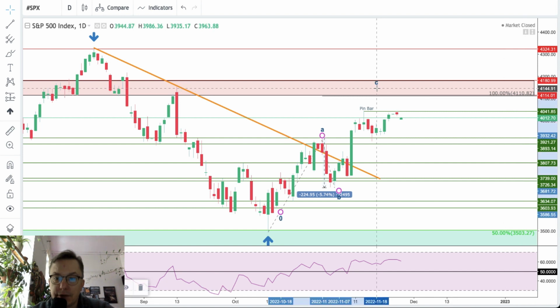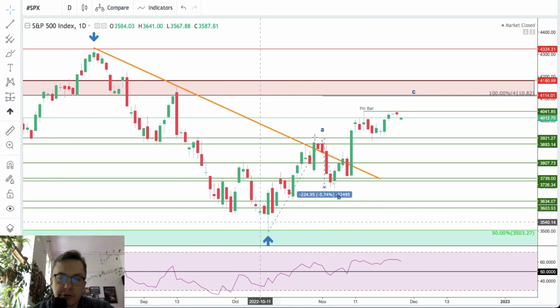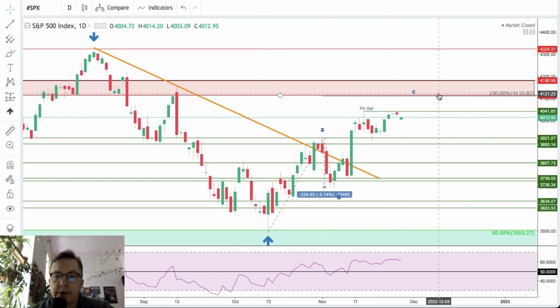This is the target for wave C, and in that situation, wave A measured from the bottom of wave B will be equal to wave C, or wave C will be equal to wave A. It doesn't matter, the same thing. One thing that bulls need to do is to break above this local technical resistance, because of this high from the 15th of November. 4,041 is the level that needs to be violated here.